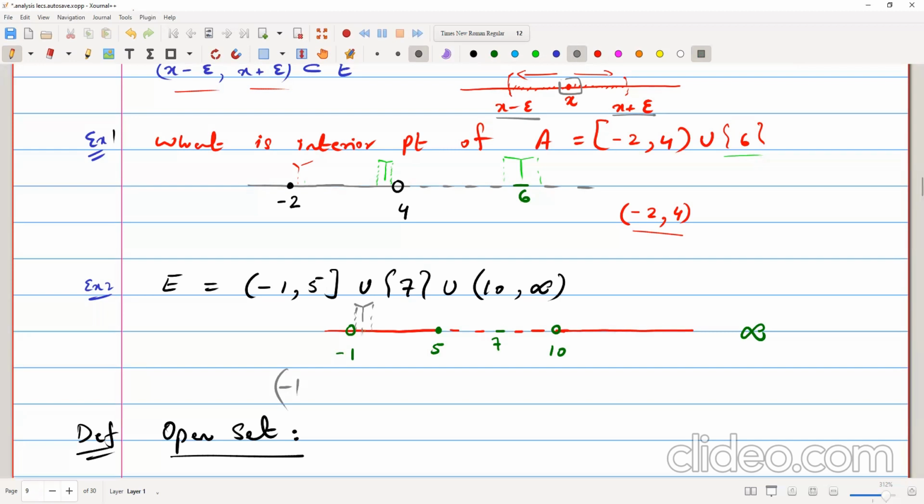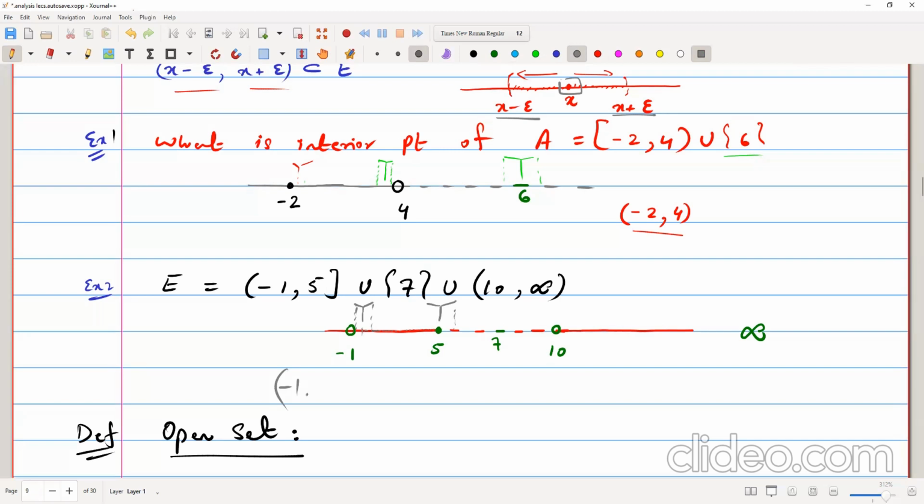And again, all these points are interior points up till here. And on 5, again, the same thing. If we stand on 5, because 5 is included, and we want to expand our hands, then again the failure is there. On the right of 5, we don't have any neighborhood, so we cannot include this 5 in the interior.